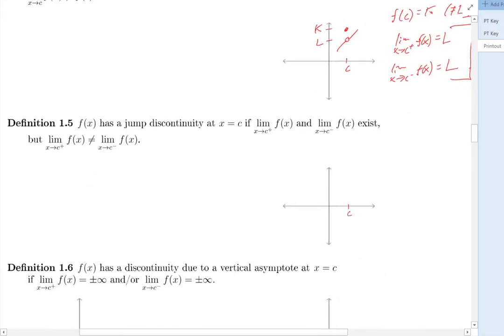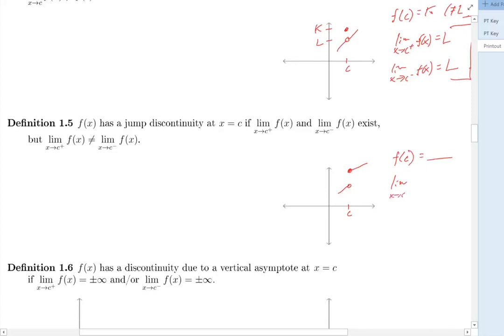What's interesting on this one is that where the point is is completely irrelevant. I could put the dot here, or I could put it here, or anywhere, and it doesn't really matter. That's a jump either way. So what's going on here when you do your three-step check is it really doesn't matter what f of c is. It could equal anything.